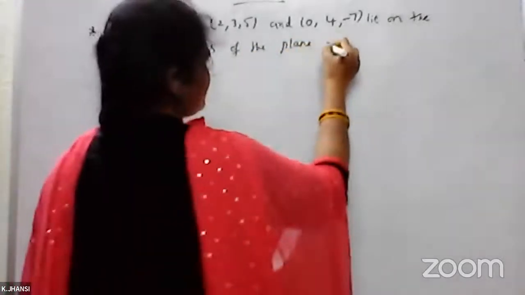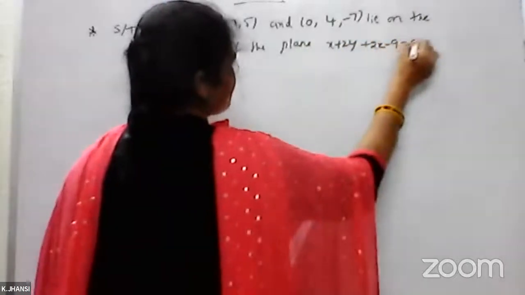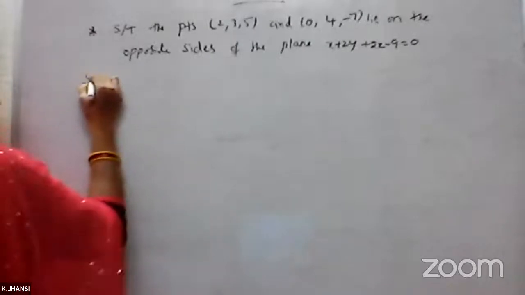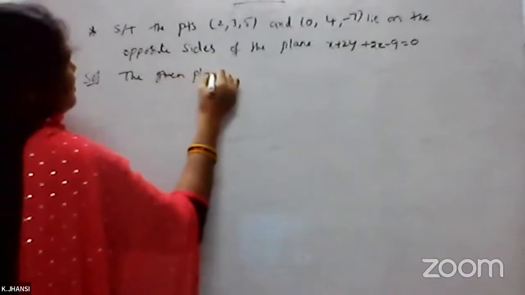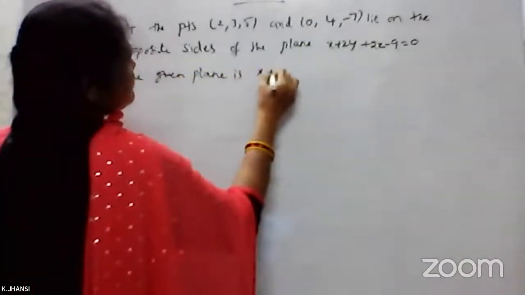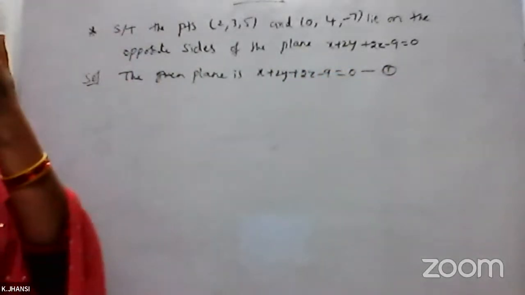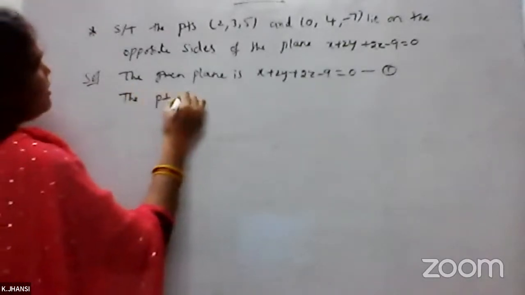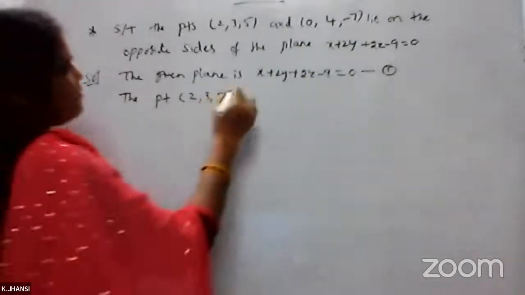So here the plane equation is x plus 2y plus 2z minus 9 equals 0. First you write the given plane is x plus 2y plus 2z minus 9 equals 0, and put it as equation 1. Next, the given point (2, 3, 5) lies on the given plane 1.